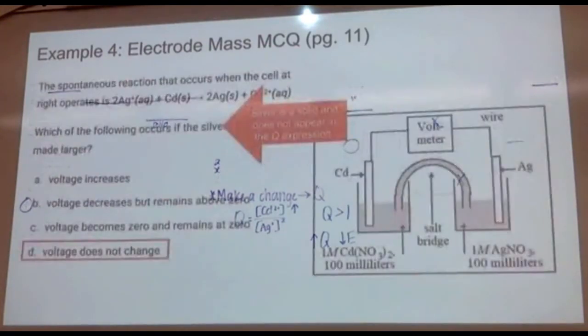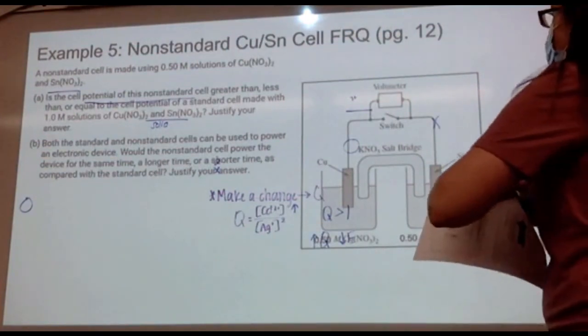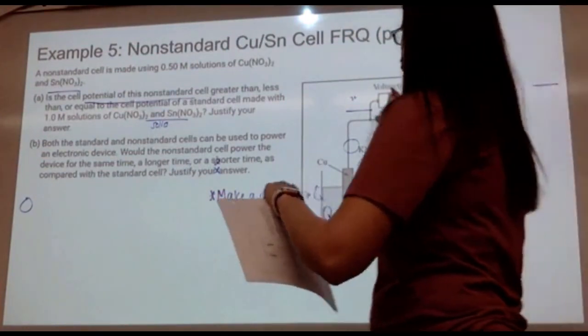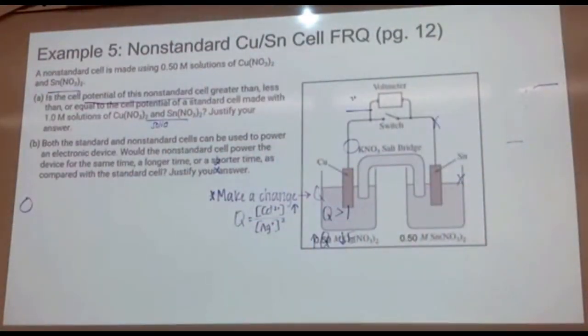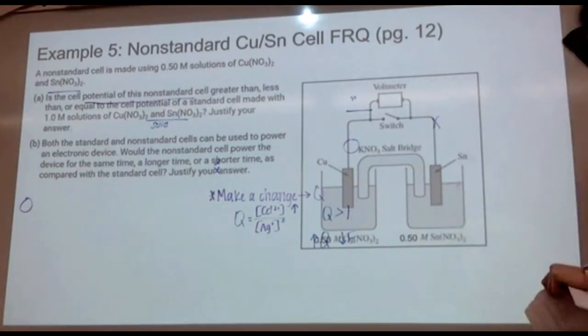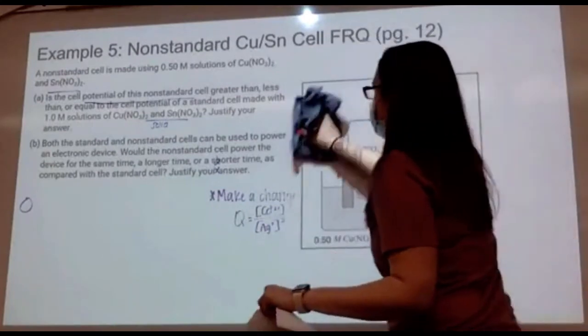All right, let's look at the last example, example 5. Again, we're looking at a non-standard cell. This was part of a free response question a few years ago. It was just part of a full 10-point free response question.